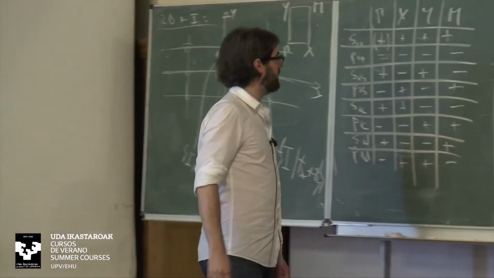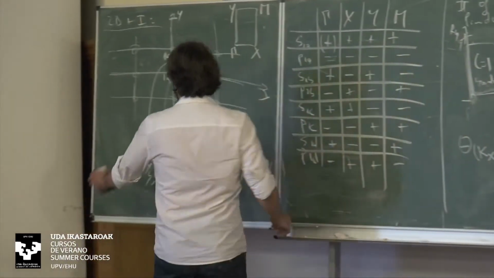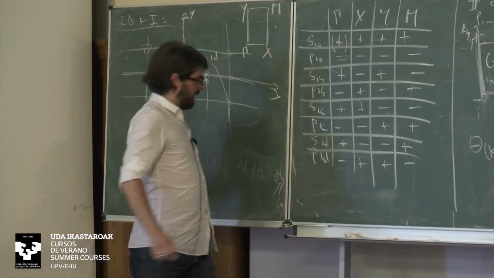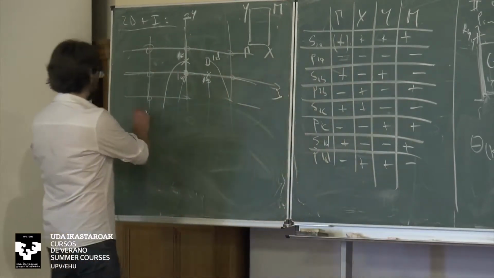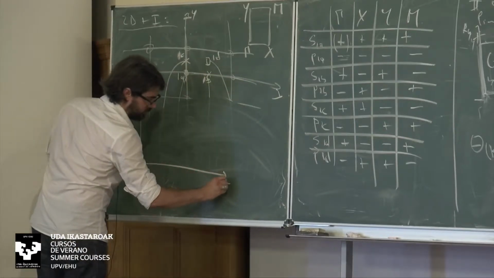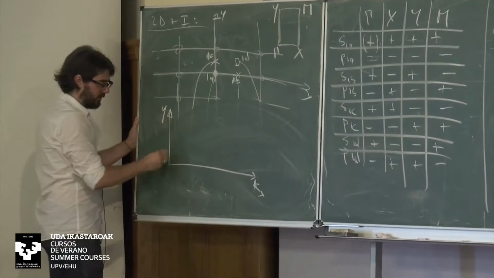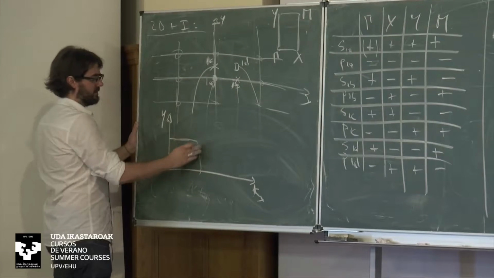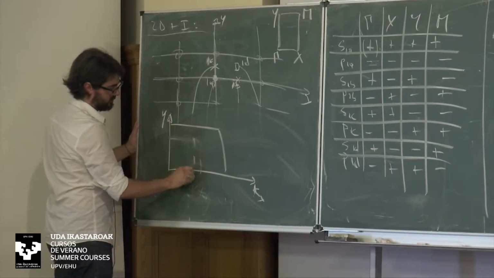So what does this actually mean? Well, physically it means that if I Fourier transform in the x direction, so these are called hybrid Wannier states, and in this direction I don't Fourier transform, then I have my unit cell here at kx equals 0.